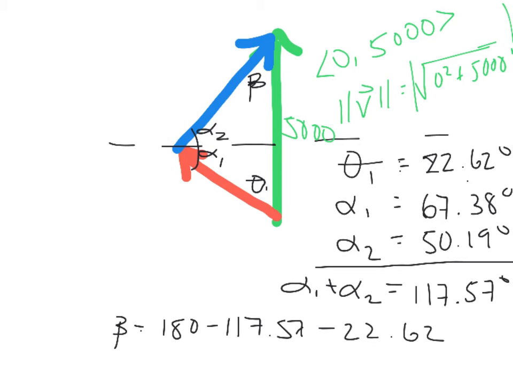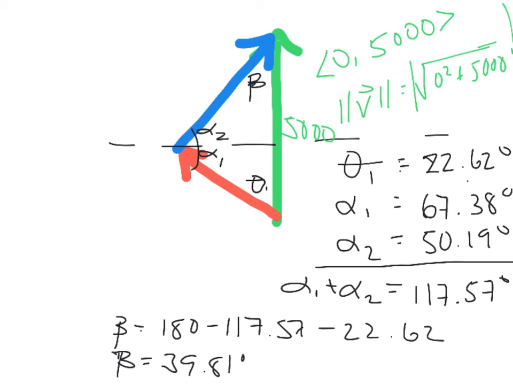And that's going to equal, let me get my handy dandy calculator out, 180 minus 117.57 minus 22.62, and that equals, beta equals 39.81 degrees.